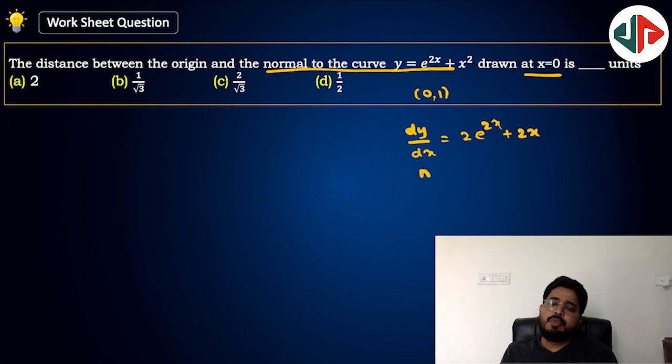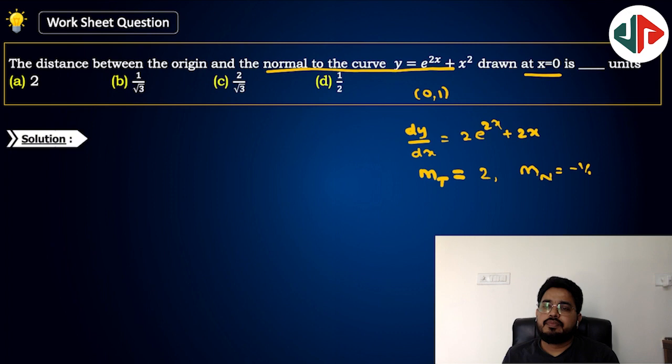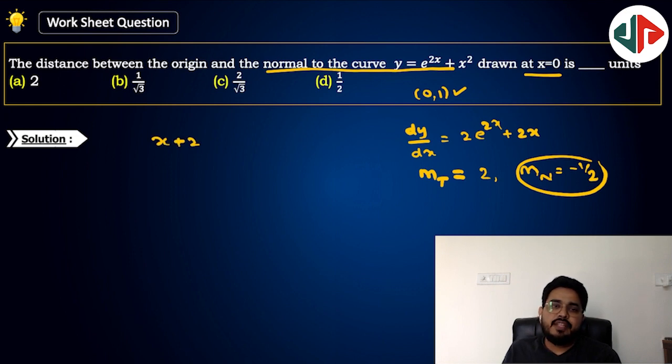So slope of tangent at x is equal to 0, value will be 2. Slope of normal is equal to minus 1 by 2. So having this much of slope and passing through 0 comma 1 is the line. So that is x plus 2y is equal to 2.